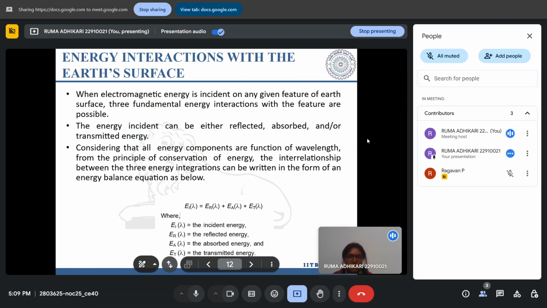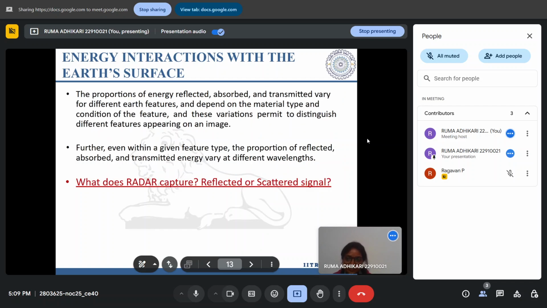So we are interested in these three phenomena: the transmission, the reflection, and the absorption. Why are we interested in them in the case of radar? The proportions of energy reflected, absorbed and transmitted vary for different earth features and depend on the material type and condition of the feature.